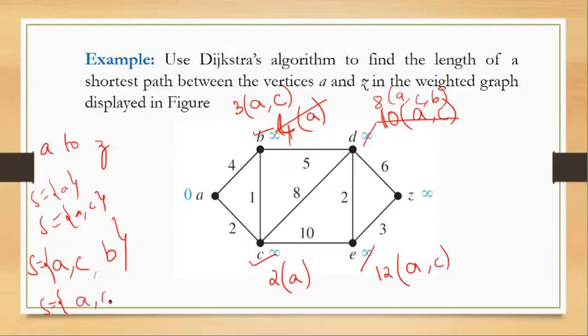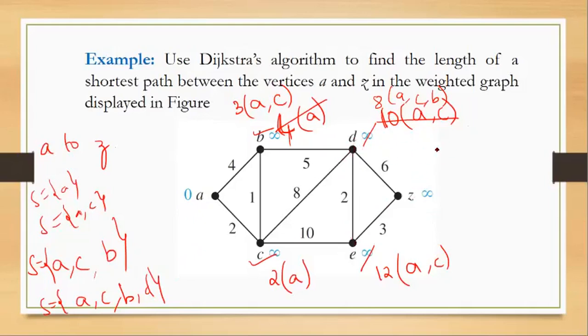After that, we have to select. So we have taken this 3 also, written B. Now among this 8 and 12, I will be taking this 8. So for this 8, I will add it in our set A, C, B, D. Now from D, to which other vertices can I travel? I can travel to Z and I can travel to E.